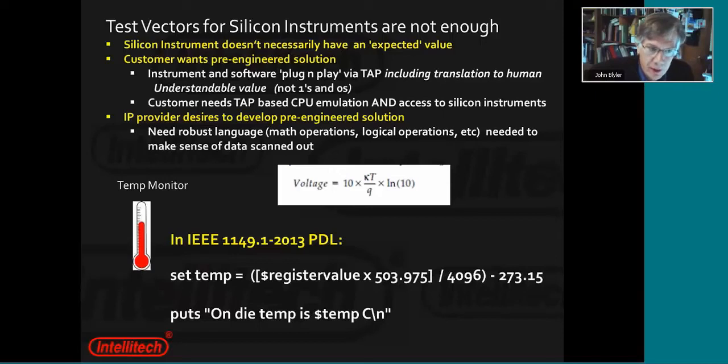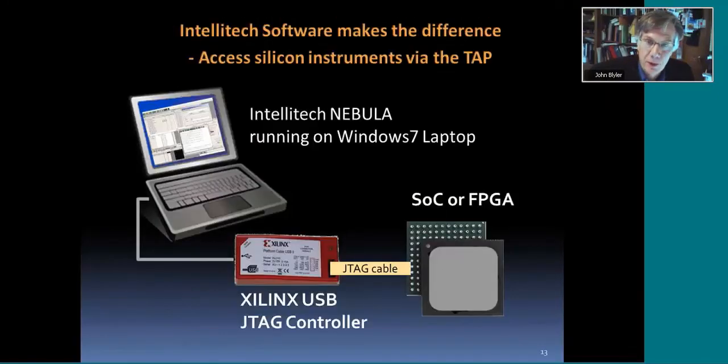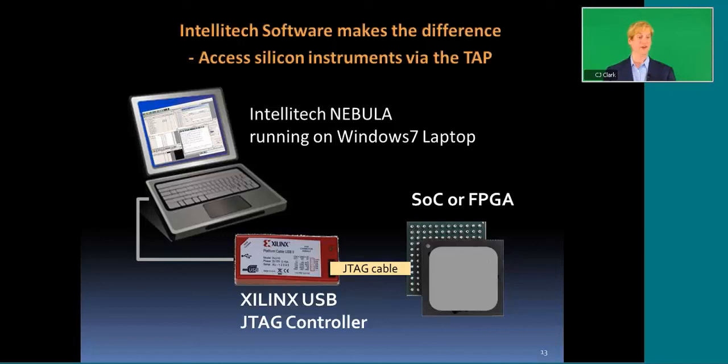This sounds great. How can the design community get started with the updated 1149.1? Well, really two ways, right? One way is to start specifying to your vendors, the IP providers or IC vendors, 1149.1 2013 compliant operation. So if your IP is compliant and the documentation is compliant, then that's one way to move forward. Another way is working with Intellitech.